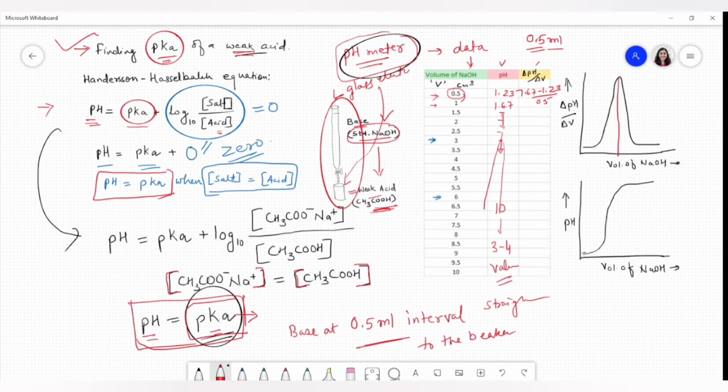Now we will plot two graphs over here. Graph number 1: you have volume of NaOH on the x-axis and delta pH upon delta V on the y-axis. Now just plot a graph. Now just give attention over here.